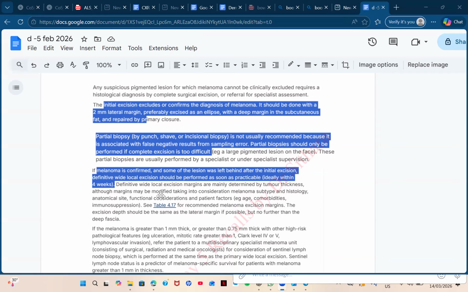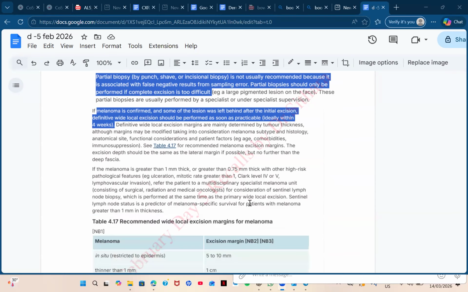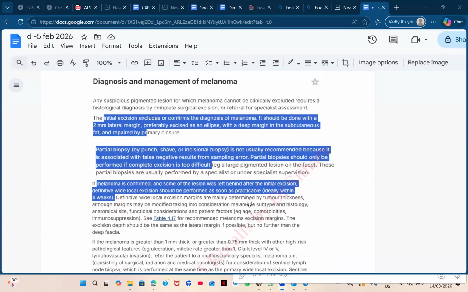Right, then after confirming the melanoma by the histopathological finding, next, what should you do, doctors? You have to do the wide excision. This is the treatment.